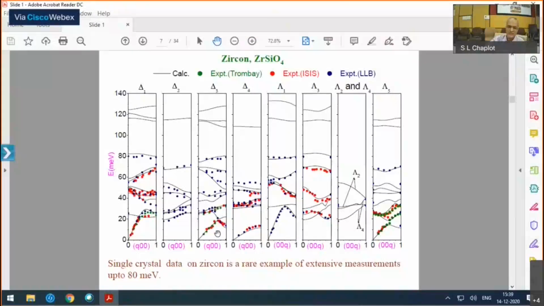Others could be, for example, anomalous thermal expansion, where certain highly anharmonic phonons could have a very important role in determining the anomalous thermal expansion or negative thermal expansion. So these are some of the things.